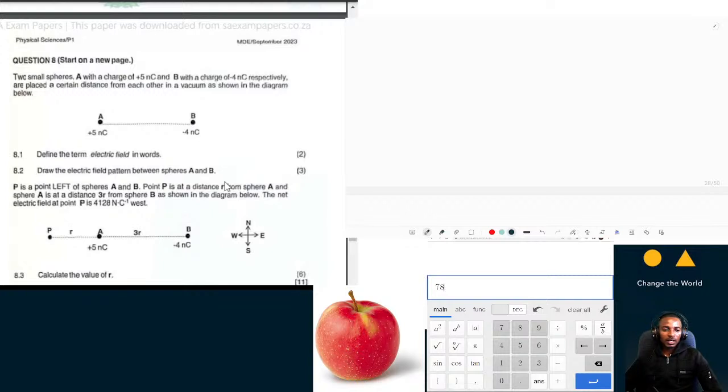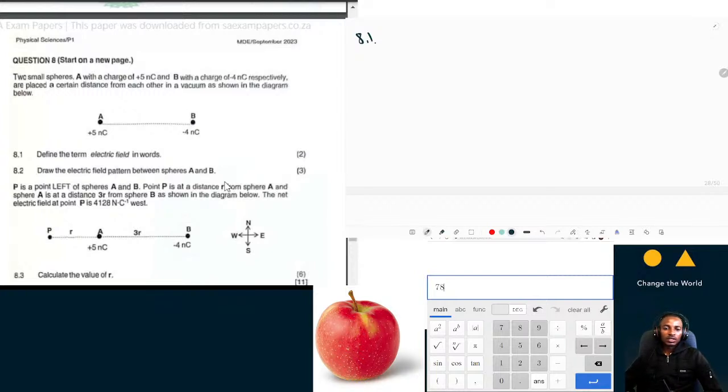And they are placed at a certain distance from each other in a vacuum as shown in the diagram below. And then in 8.1, we need to define the term electric field.